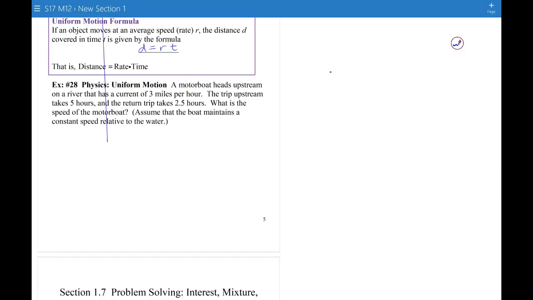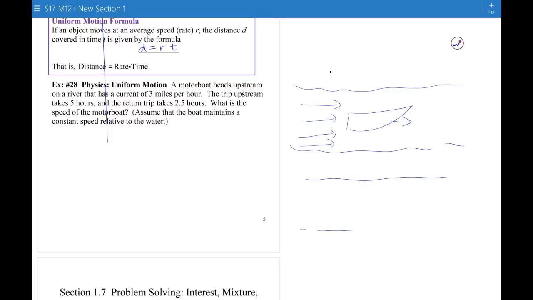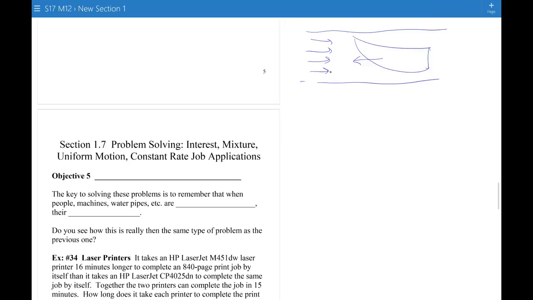And just so you're already thinking about it, if I have a river and I'm traveling in the river and the current is pushing this way, when my boat is going this way, the current is helping me and its speed is adding to my boat's speed. But when I'm going the other way and the current is pushing at me, the current is subtracting from my boat's speed and slowing me down and making it take longer, right?